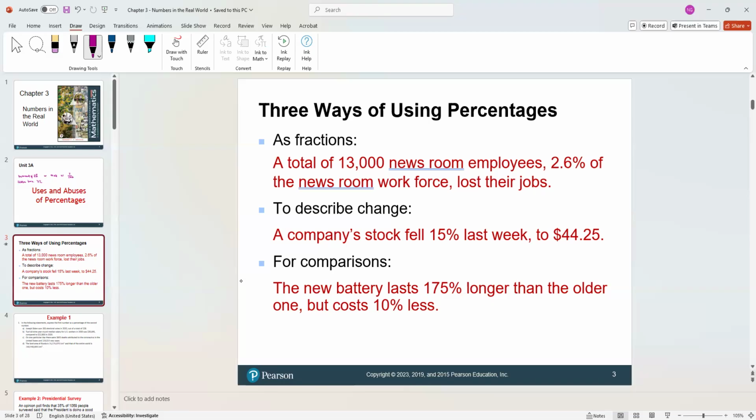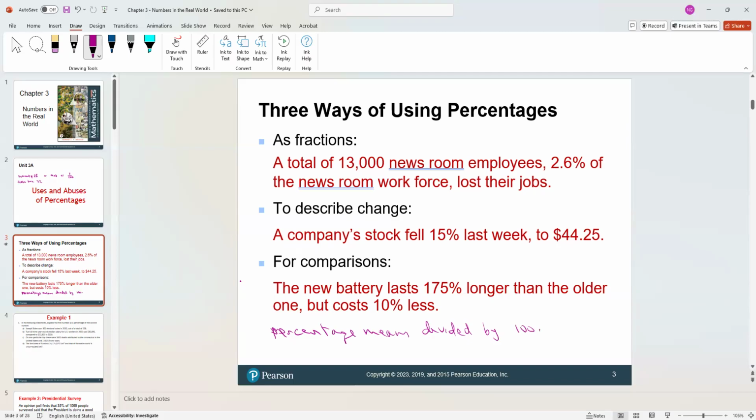So percent is a fancy way of saying divided by 100, right? Percent means divided by 100. So it's a fancy way to say that.